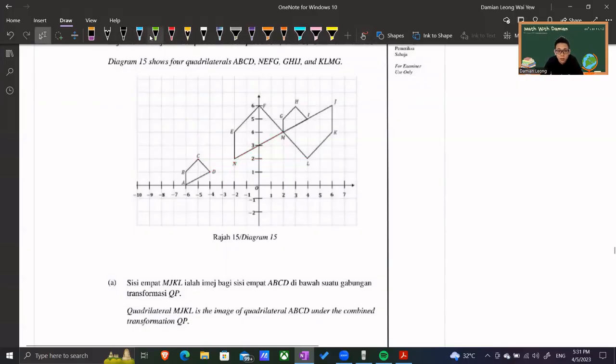If I want to find the center of enlargement, just again draw the straight line connecting the equivalent points, extend it all the way, it should be this side.